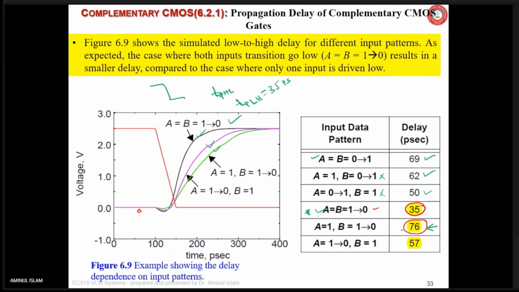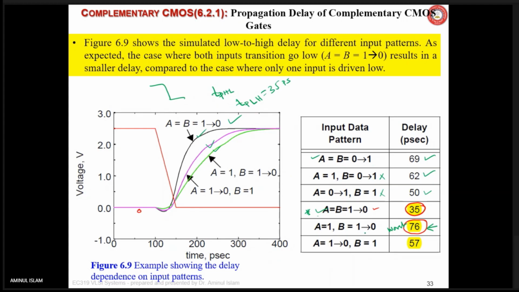Now we'll consider the worst case, the maximum delay you are seeing here. What was the input previously? Both 1. Both 1 initially means both N MOSFETs were on and P MOSFETs were off, so the output was 0.